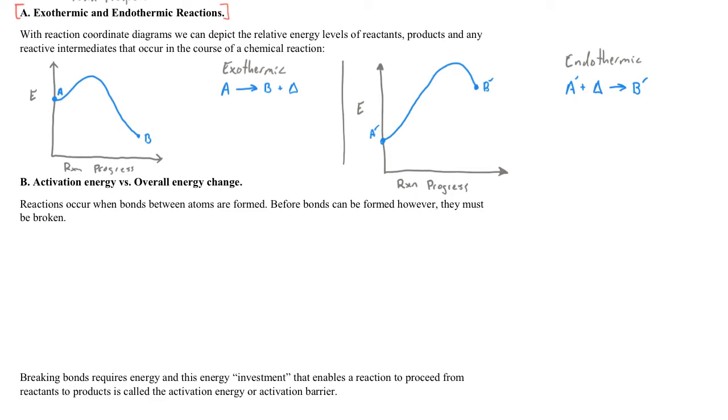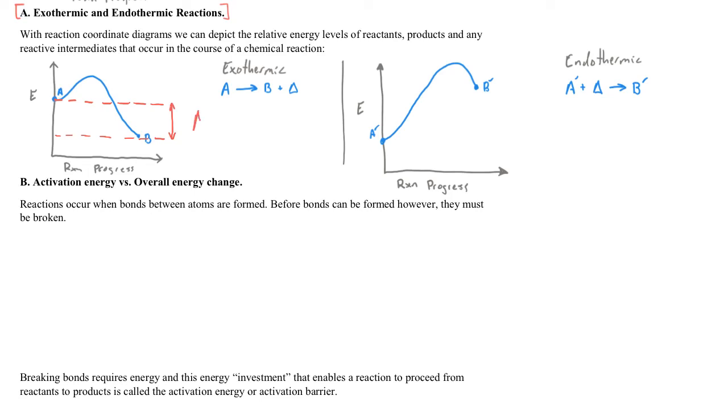Now, there are a few parts to these graphs that we need to describe. The first is the energy change in going from A to B, or A prime to B prime. If we can find the value of energy for A, and we can find the energy value for B, we can calculate a delta value for those.